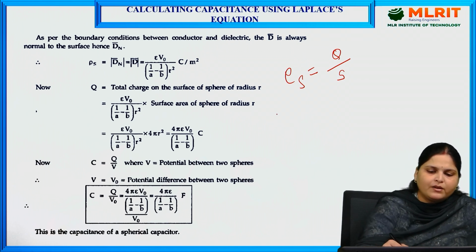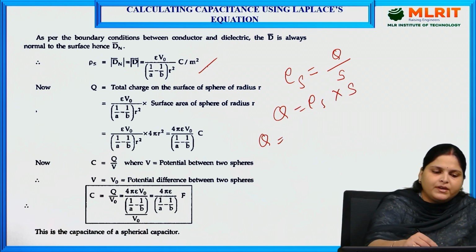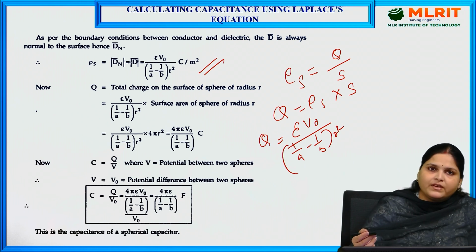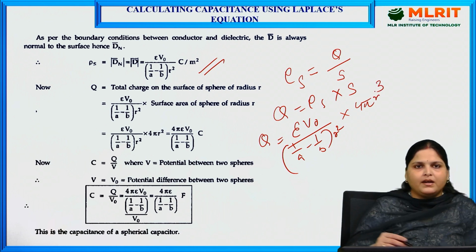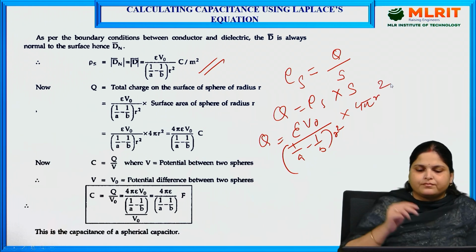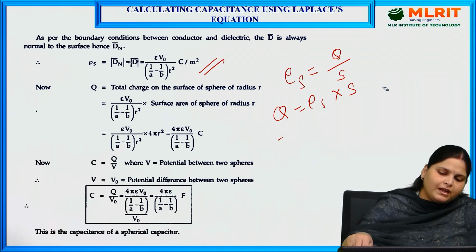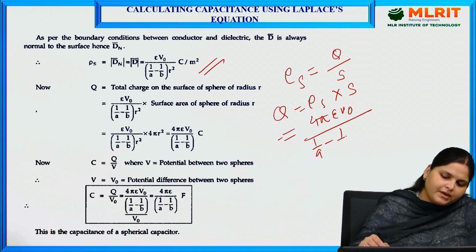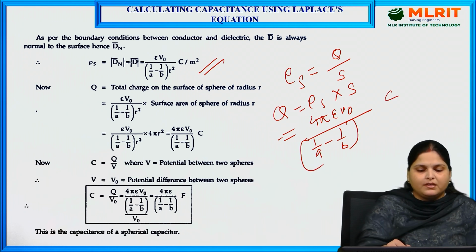So Q is equal to rho s into S. We have already calculated rho s as epsilon V naught upon (1 upon A minus 1 upon B) R square, and the surface area of a sphere of radius R will be 4 pi R square. When we further solve it, we get the value of Q as 4 pi epsilon V naught upon (1 upon A minus 1 upon B) coulomb. This is Q.